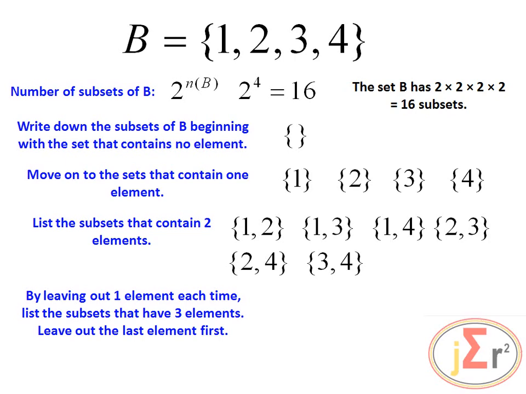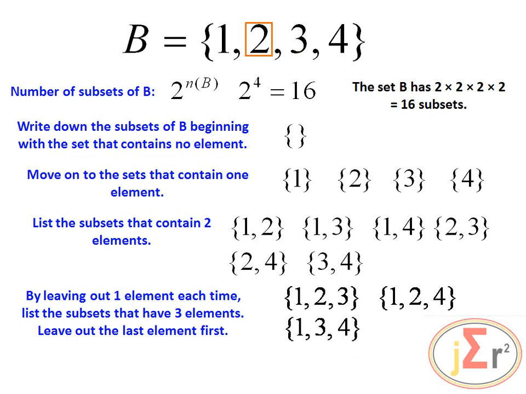And of course, we are going to leave out the last element first. So, leaving out 4, our first subset will be 1, 2, 3. Then, we leave 3 out, and our next subset will be 1, 2, 4. Leave out 2 next. Our next subset will be 1, 3, 4.